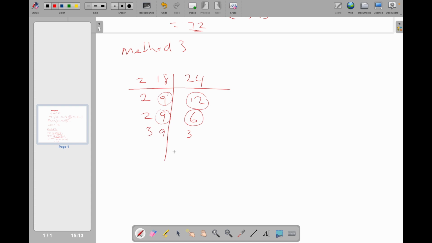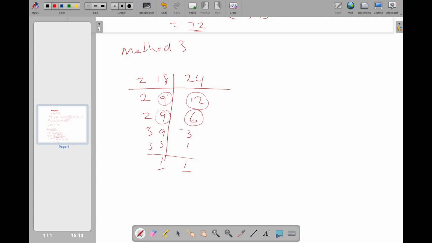Then we divide by 3, and here now we'll get 3, and here we'll get 1, and then we divide by 3. Now we get 1 and 1. So what is the rule here? The rule here is we divide every number until we have 1 here and 1 here.